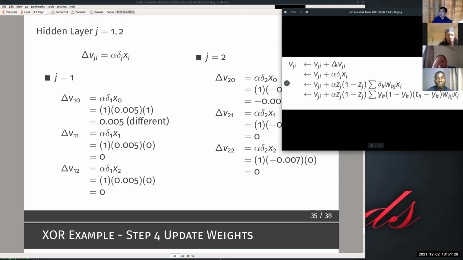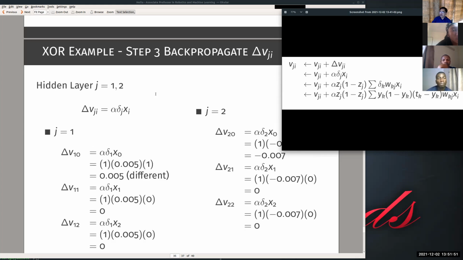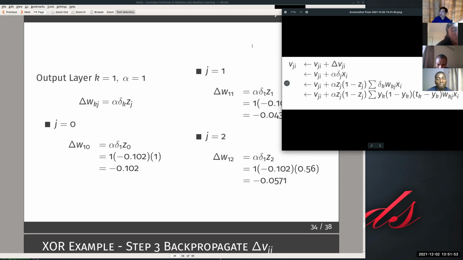Now just applying this equation, your delta V10 is delta j, whatever is your j. So delta 1 and delta 2 for your j, and then your x becomes x0, x1, and x2. Your delta 1 is computed up there, so all you need to do is know your delta.